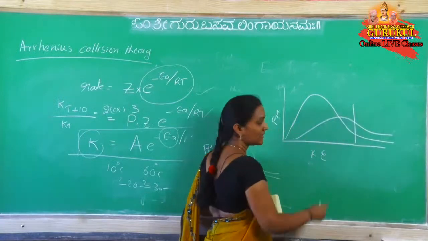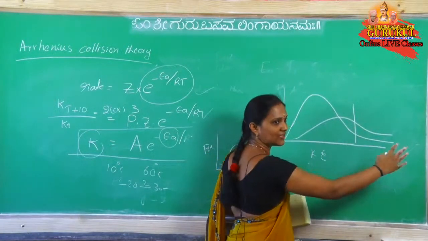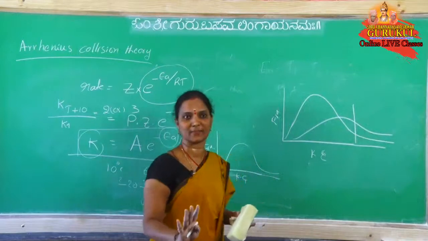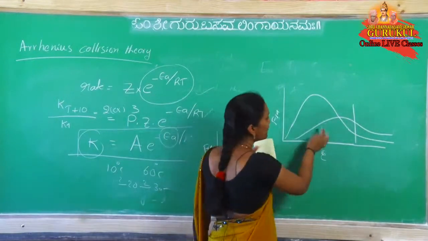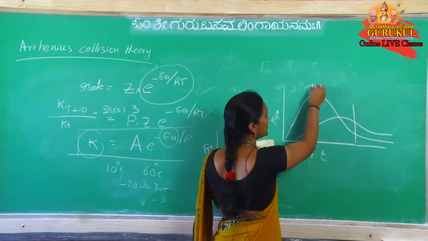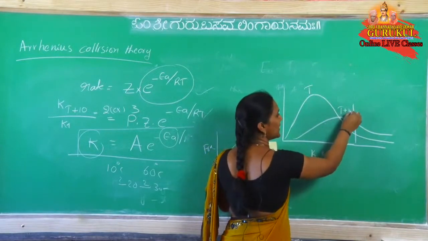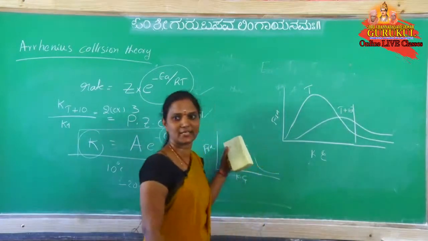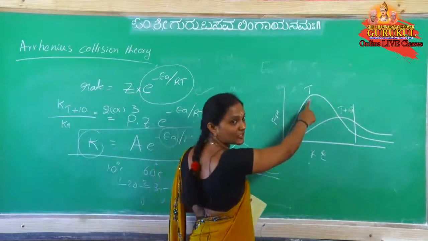For example, if this energy barrier is crossed, then these reactants change to products. Fraction of the molecules at temperature T, and this is the temperature T plus 10 degrees centigrade. This is the graph at temperature T.